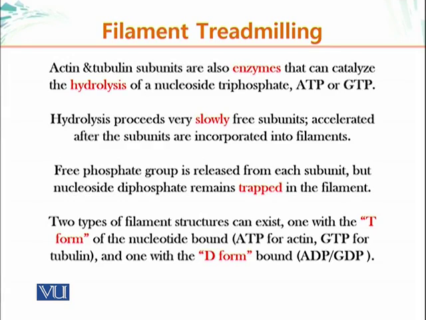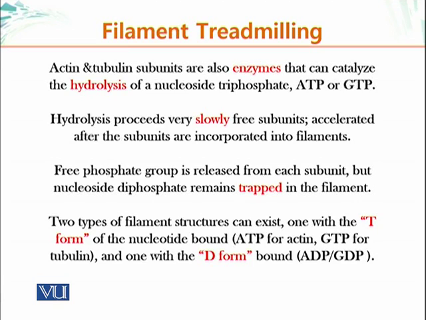Actin and tubulin subunits are also enzymes that can catalyze hydrolysis of nucleoside triphosphate, ATP or GTP. We know that ATP is attached to actin monomers and GTP is attached to tubulin monomers. So hydrolysis proceeds very slowly in free subunits, but the rate of hydrolysis increases significantly after the subunit has been incorporated into the polymer or the filaments.